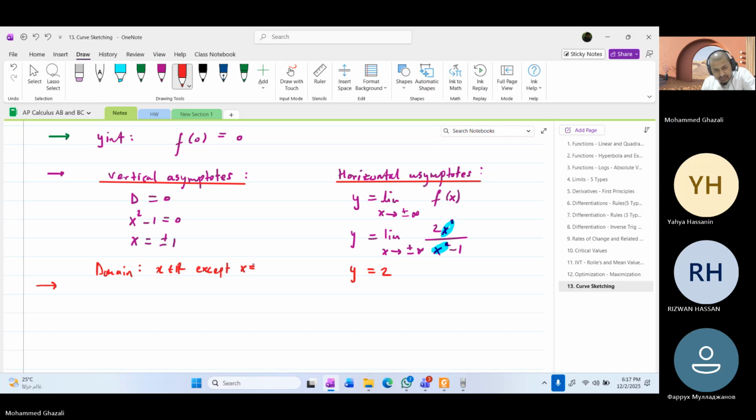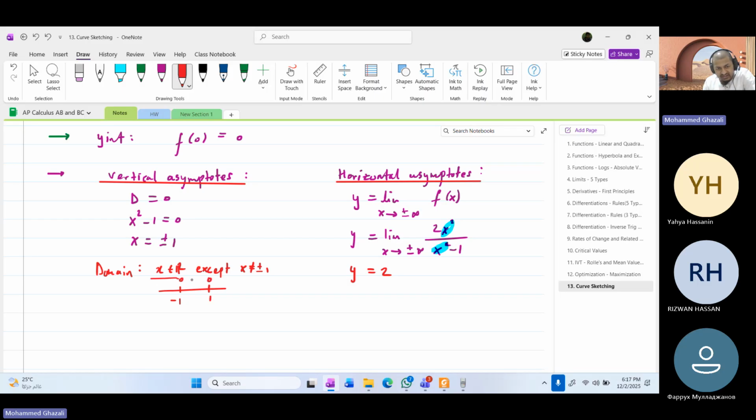x equal to plus minus 1. Actually, it's better to write it in interval notation. Let me use a number line, -1 here and 1 there, not including.